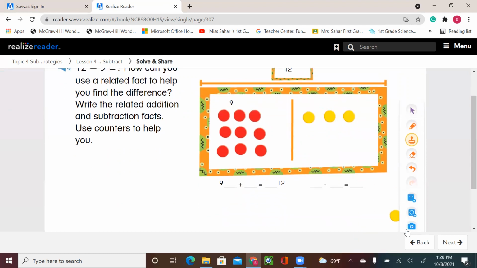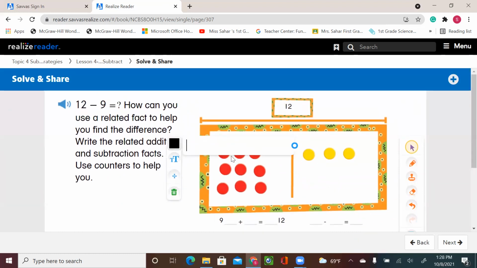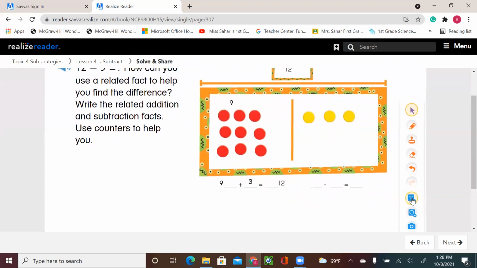So let's write this down. 3. So I'm going to put it here. I'm going to move 3 here. So now 9 plus 3 equals 12.